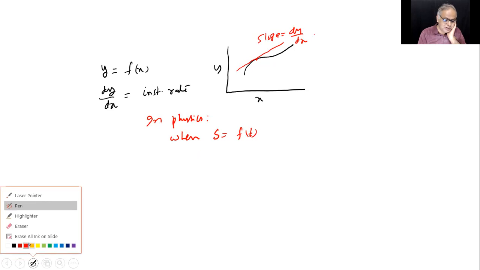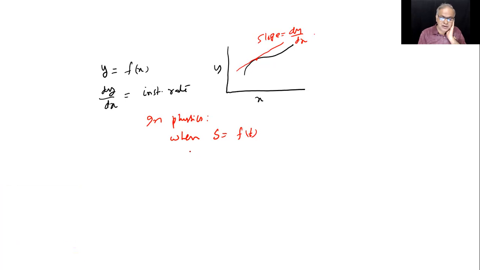Instantaneous speed will be v equals ds by dt. Of course, I've told you instantaneous velocity means we should write in terms of dr by dt, while defining our physical quantities.